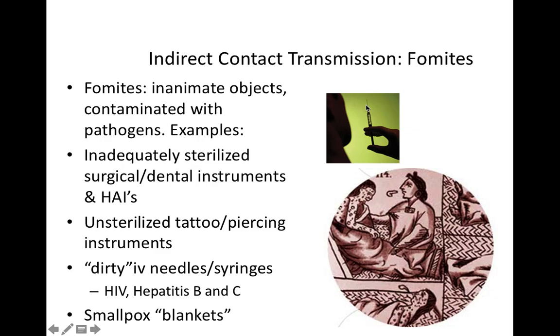Also, remember when we were talking about wound botulism, if folks are using literally dirty IV needles and syringes, they may be contaminated with Clostridium botulinum endospores or Clostridium tetani endospores.